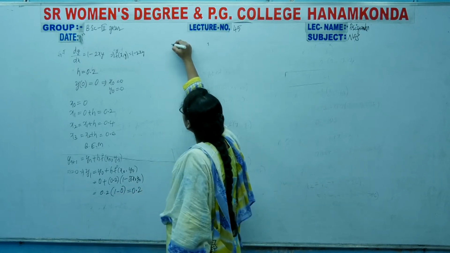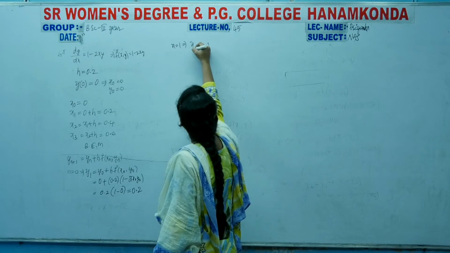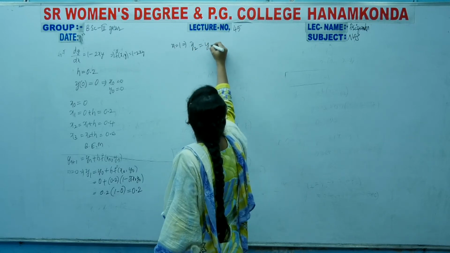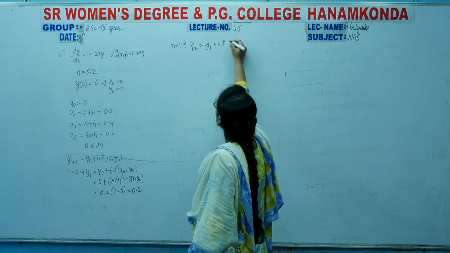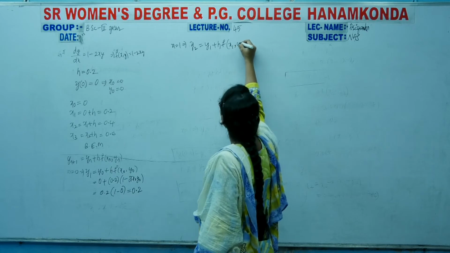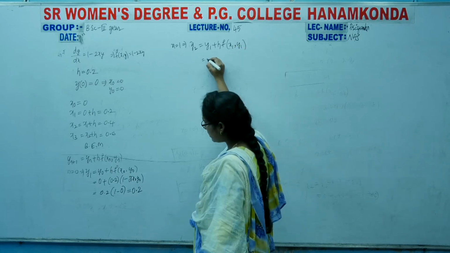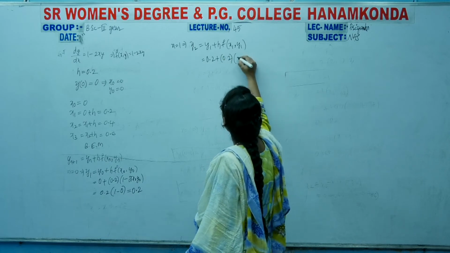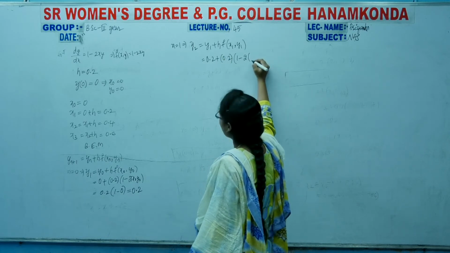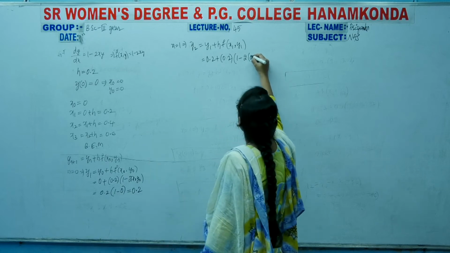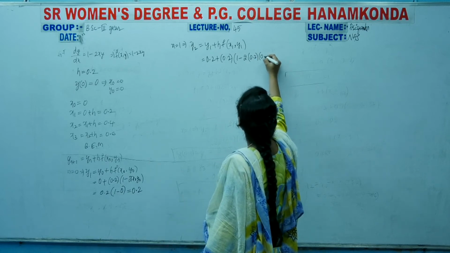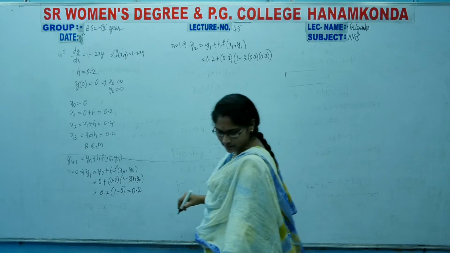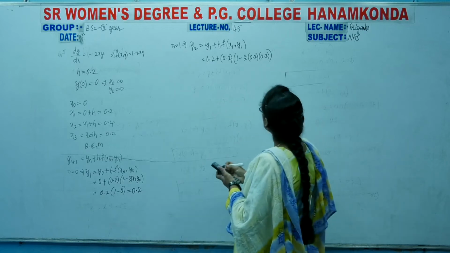Next, for n equal to 1, y2 equal to y1 plus h into f of x1, y1. What is y1 here? 0.2 plus 0.2 of 1 minus 2 into x1, 0.2, into y1, 0.2. Now you have to calculate this value. Make it fast.